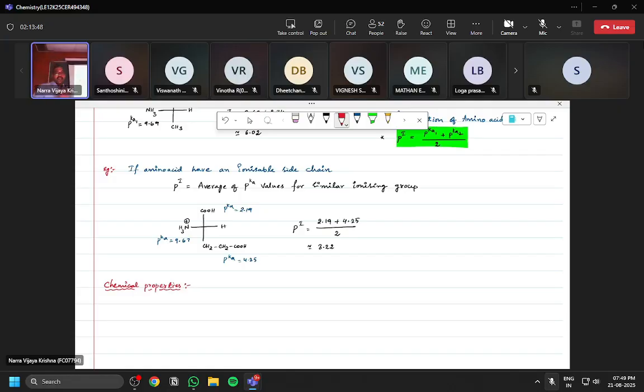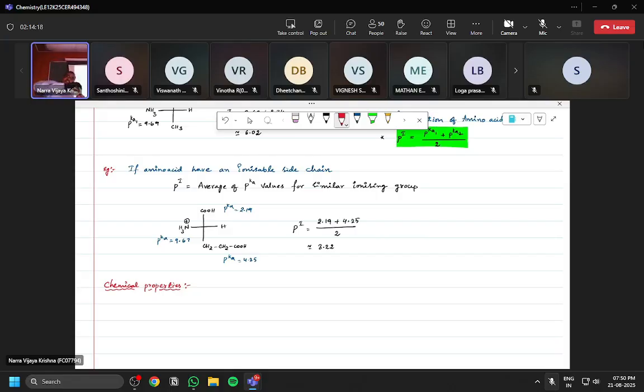Right, almost we are at the end of amino acids. Then we will see the structure of proteins. Already you know primary, secondary, tertiary. If all the amino acids form a long linear chain, then it is called primary structure. If it coils, secondary. If it coils further over it, tertiary. If it coils further and further, quaternary.